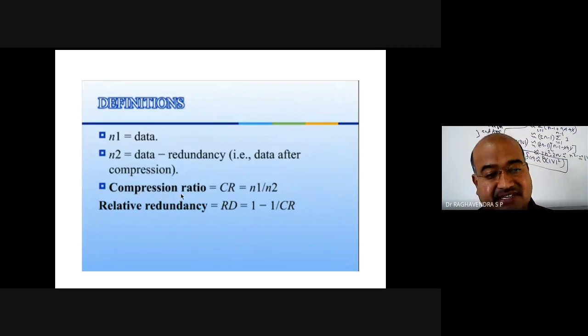The compression ratio is equal to N1 by N2, where N1 is the original data and N2 is the compressed data, in which the redundant information has been eliminated. I already explained these two formulas earlier. The relative redundancy is equal to 1 minus 1 over CR, that is, the compression ratio.